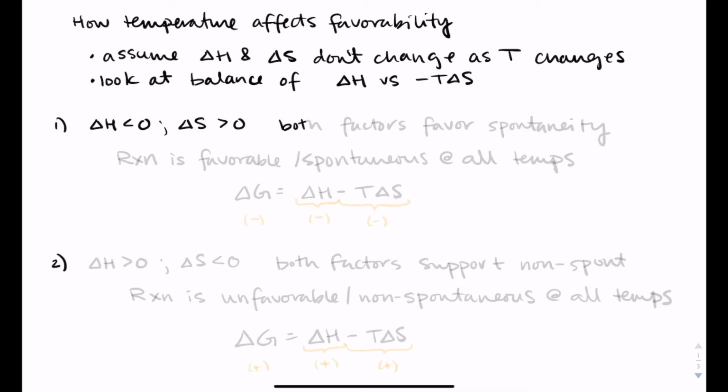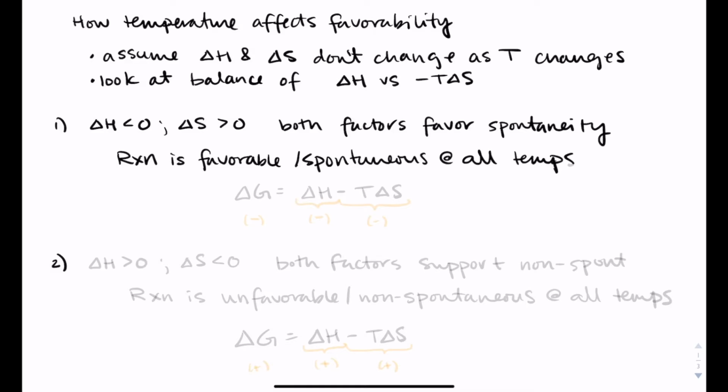We're subtracting T delta S, so we can kind of make that negative. But in the end, the thing that will determine if delta G is positive or negative is how those two terms are balanced against each other. So let's look at some examples and what that means for the spontaneity or favorability of a reaction.